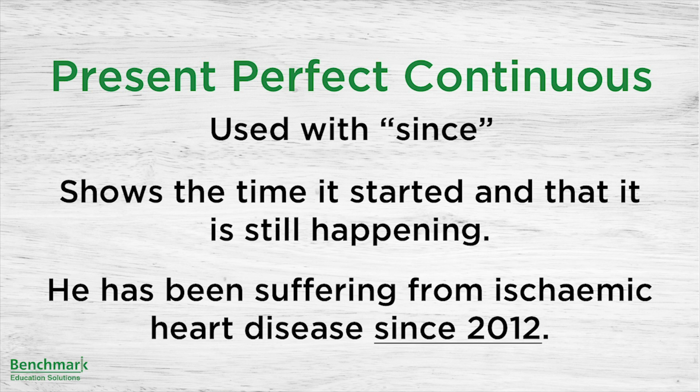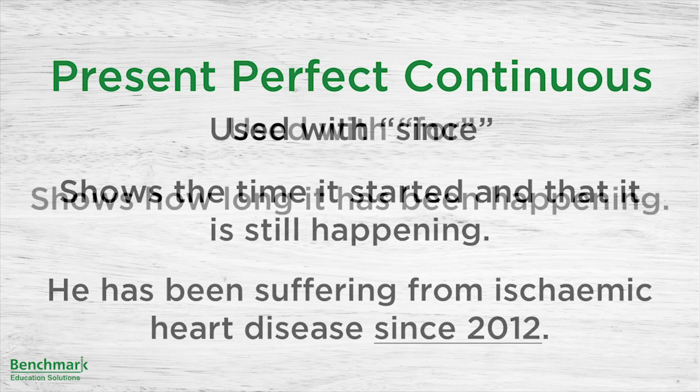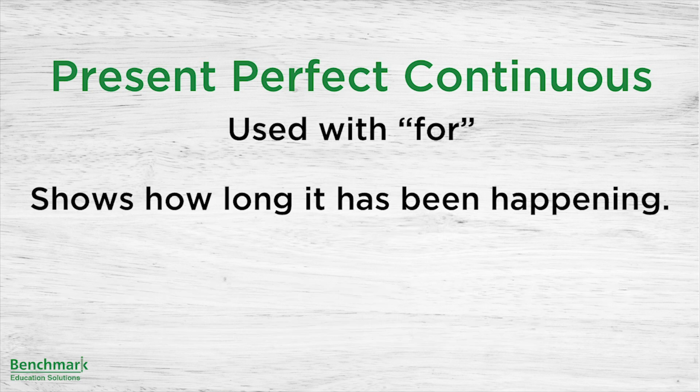Notice that if you use the word since, you need to indicate a specific time, such as since 2012, since this morning, or since yesterday. If you want to indicate a length of time instead of a specific time, you can use the word for.